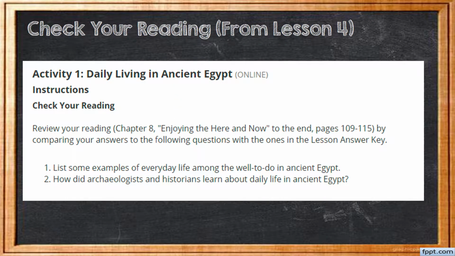All right, next you are going to check your reading. So review your reading from Chapter 8 from pages 109 to 115, and then answer these questions. List some examples of everyday life among the well-to-do in ancient Egypt. We talked a little bit about some of those in the online portion, but take some of that from your reading as well. And then how did archaeologists and historians learn about daily life in ancient Egypt?